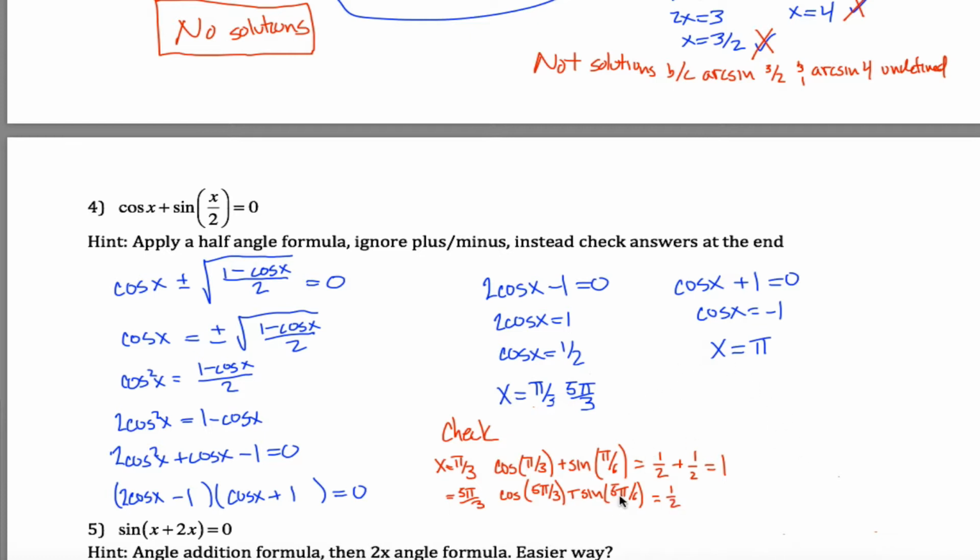I'm up here in the second quadrant. The sine at that point is also positive 1/2. Look at that, 1/2 plus 1/2, that's still 1, which means neither of these are solutions.